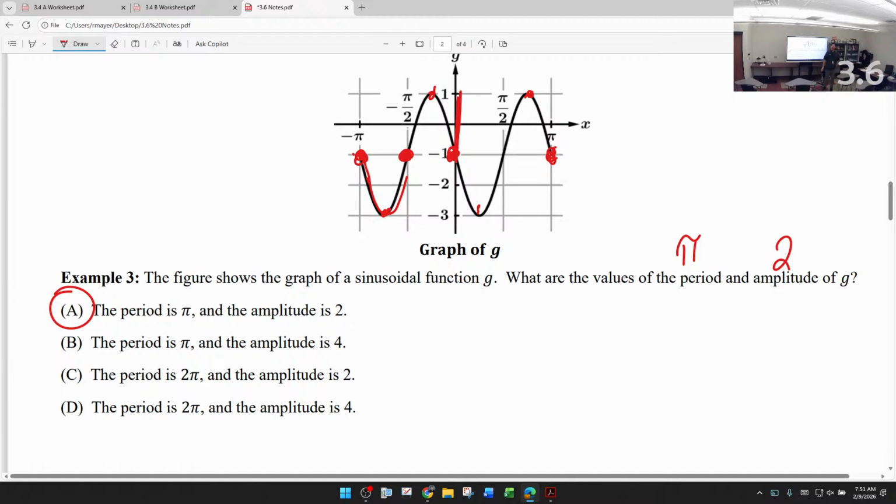Then A would not be negative. But what makes these tough is there's 29 of you in here and you can write this 29 different ways. Depends on if you want to start with sine or cosine, if you want a negative or a positive, and then how much you want to shift. Do y'all kind of follow along? Luckily, they didn't ask any of that on that one. That was an easy question.